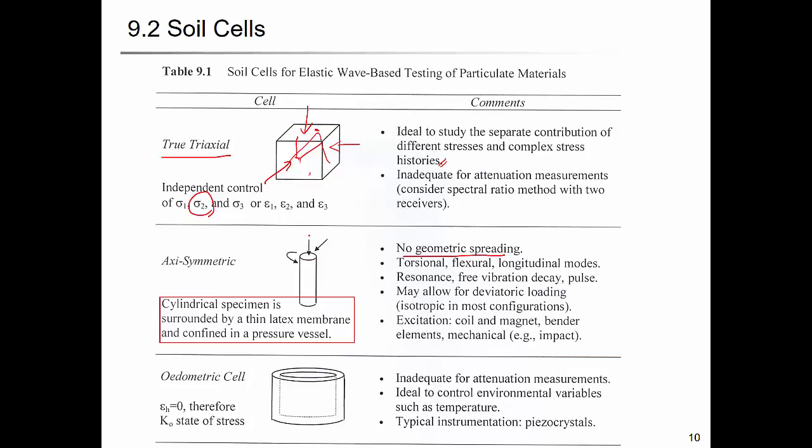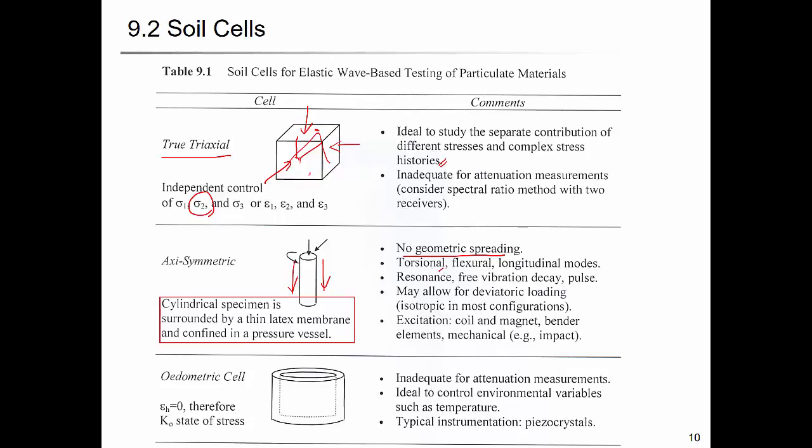For example, in torsional shear, you just apply the torsion to the entire diameter or the entire cross-section area of the sample so that you don't have the geometric spreading. So the wave goes as a bar, so it has an advantage to measure the intrinsic material damping.